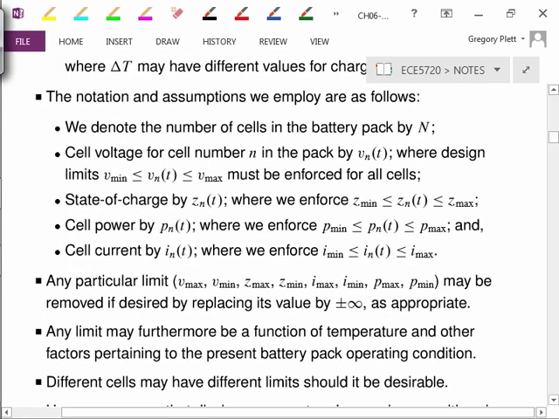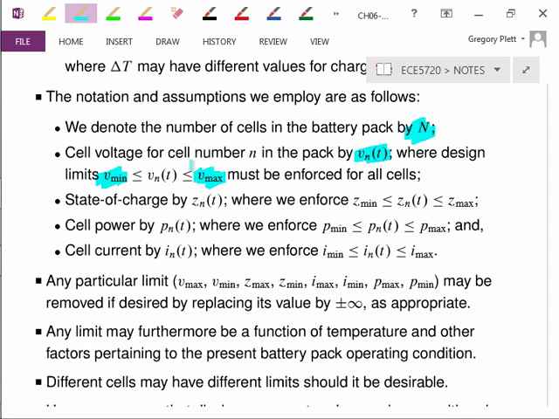The notation we will use in this chapter, we say the number of cells in the battery pack is n. Cell voltage, this is terminal voltage, for cell number little n in the pack is V sub little n of t. And we are assuming there are design limits, Vmin and Vmax, between which the cell voltage, the terminal voltage, must always exist.